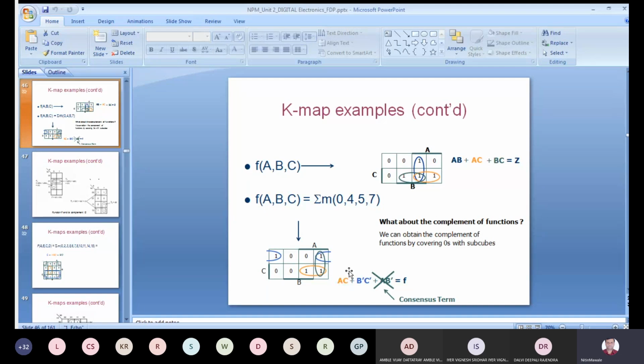So (A bar plus C bar) into, this sum is converted into dot in another bracket (B plus C). Or you can just draw the K-map and get it. And don't go directly, because this practice is very important.